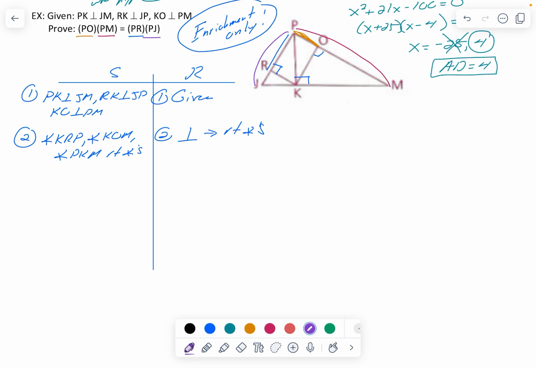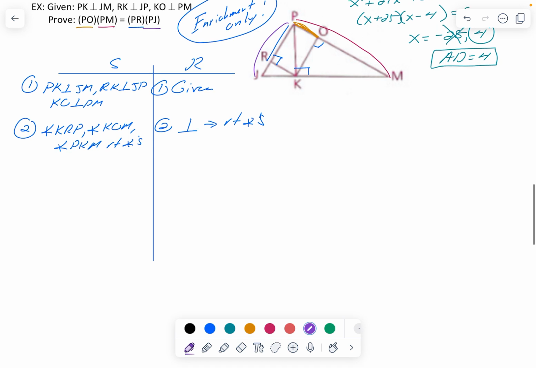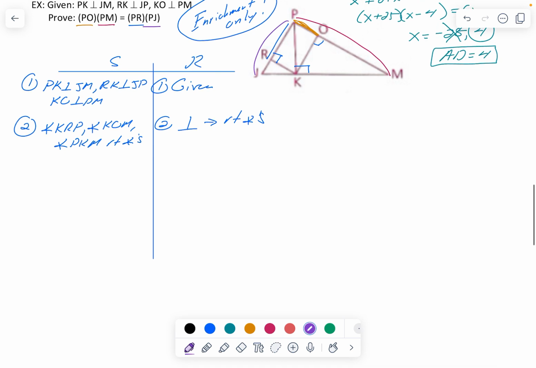So it looks like we have part over whole piece, part over whole piece, and legs and so forth. So we are going to be using this proportion that is whole hypotenuse over leg equals leg over part.